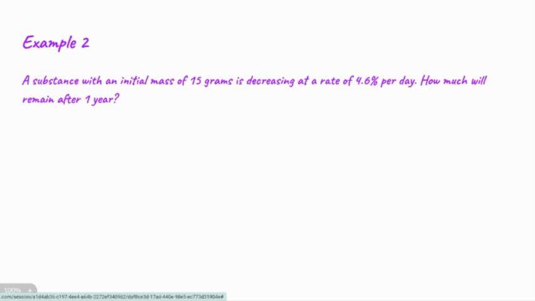All right, let's go ahead and talk about a substance with an initial mass of 15 grams that is decreasing at a rate of 4.6% per day. How much will remain after 1 year? So we are going to work off the decay formula. So instead of a plus here, we're going to do minus, but that's the only change.